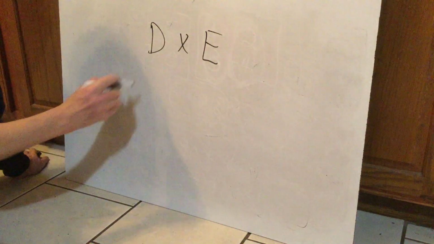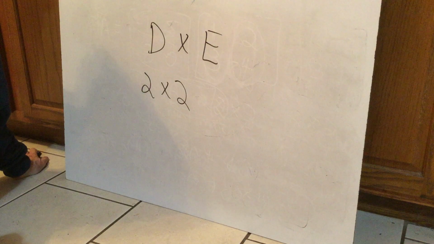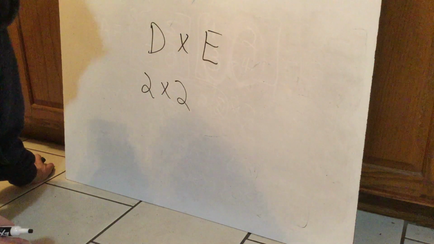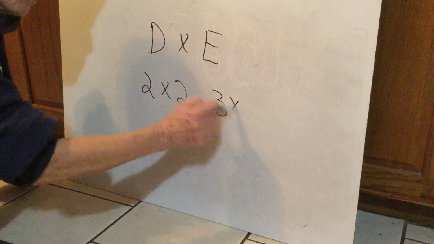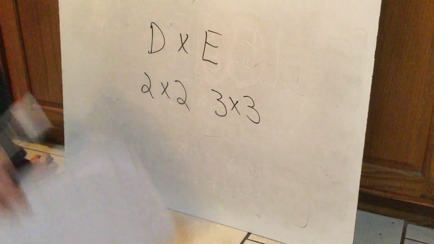Look at matrix D up there at the top. D has 2 rows and 2 columns. What are the dimensions of E? E has 3 rows and 3 columns. The matrices are there at the top of the page.